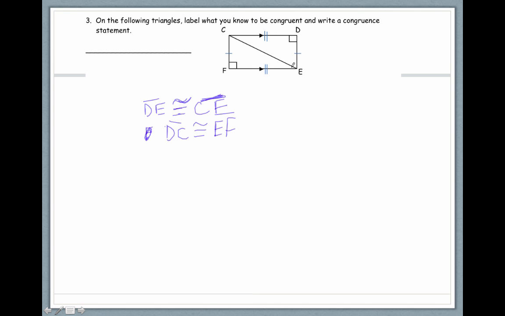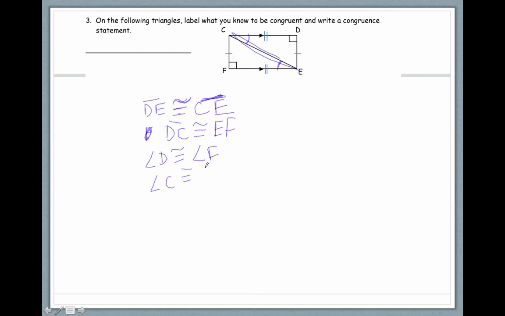And because CE is its own line, CE is congruent to itself. And we can see angle D is congruent to angle F because they're both right. These two add up to 90, and these two add up to 90, so we can actually say that these two are congruent.